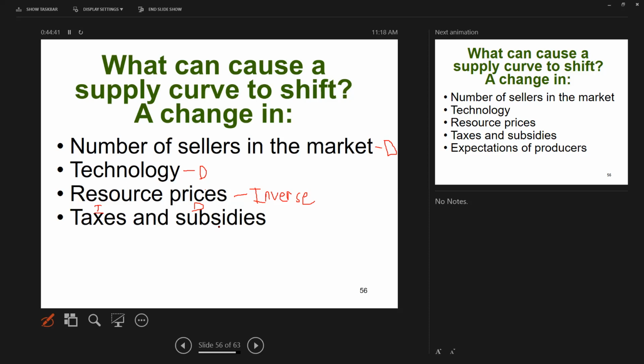For every credit hour we sell to you, the state of Alabama gives us a subsidy to educate you. Subsidies are directly related to supply. If you subsidize the production of something like education, that's going to increase the supply of it. If you decrease the subsidy, that will decrease the supply of it.